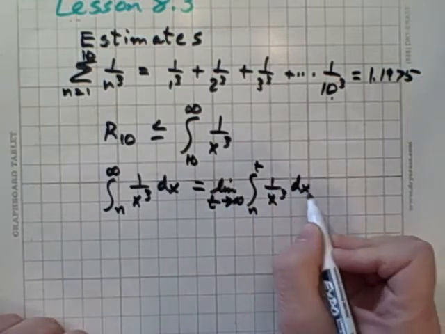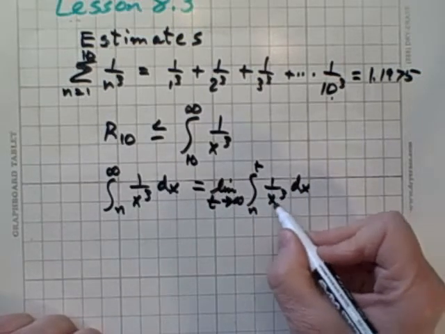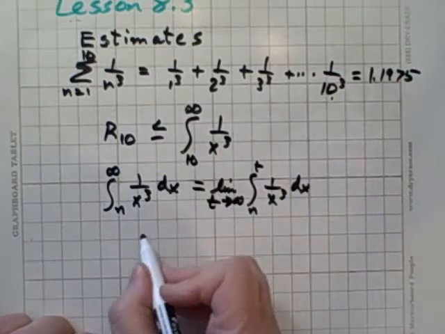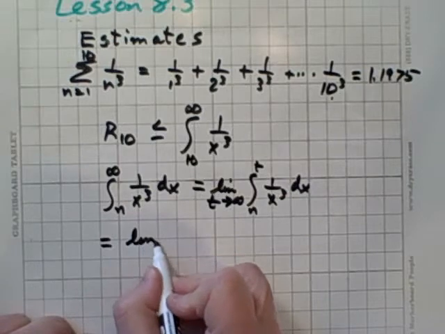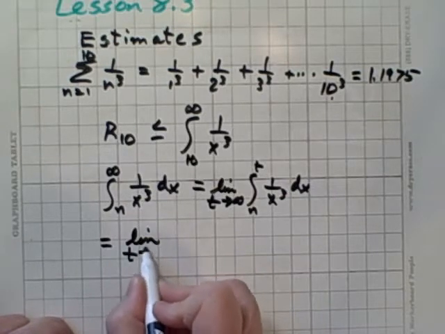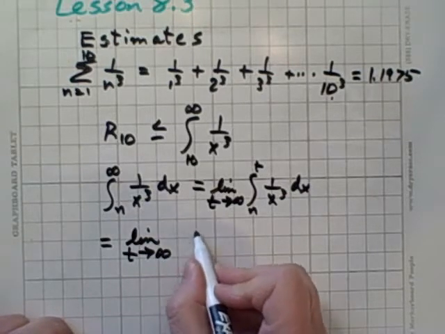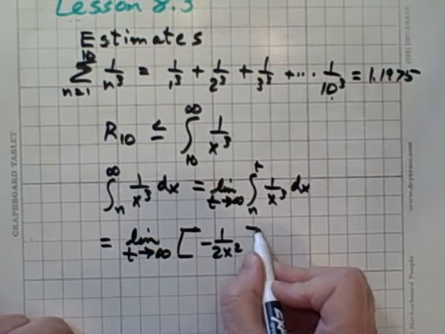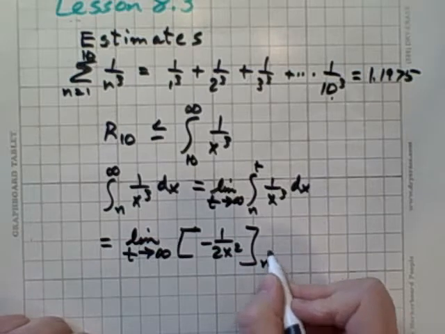It would be a power rule, and x to the negative 3 becomes x to the negative 2 divided by negative 2. The limit as t goes toward infinity on negative 1 over 2x squared from n up to t.